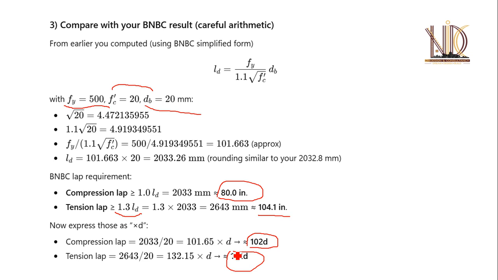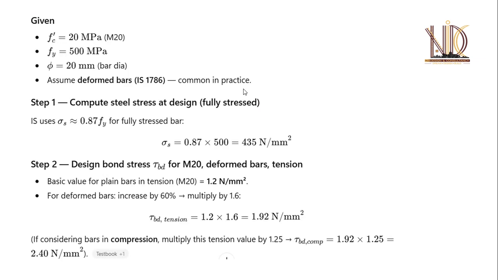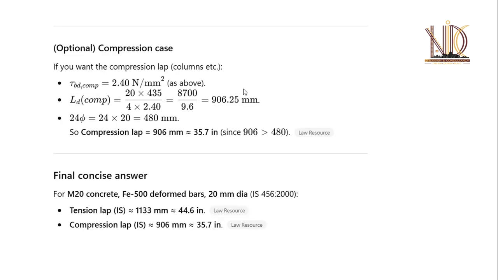But don't worry, in Asia the IS code, the Indian code, also says that development length is equal to bar diameter times stress in the bar divided by 4 times the design bond stress of concrete. If we apply the same magnitudes in this formula, we get the answer.